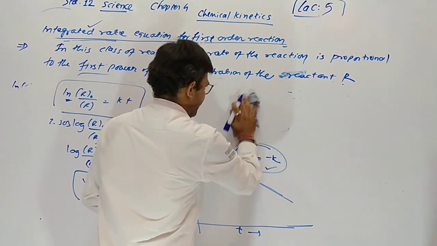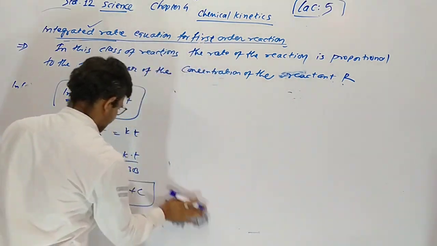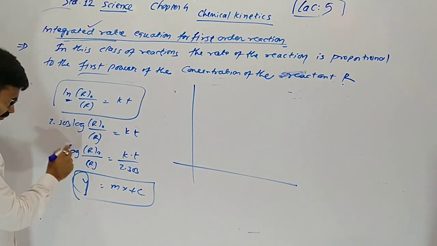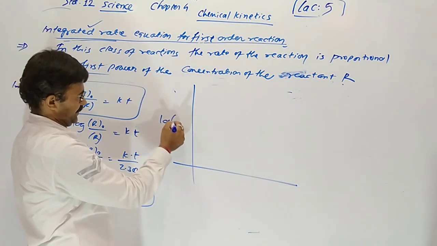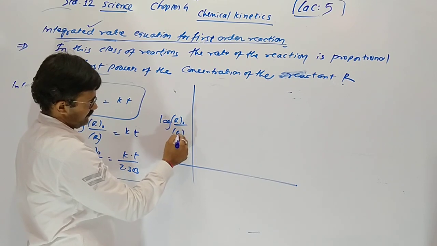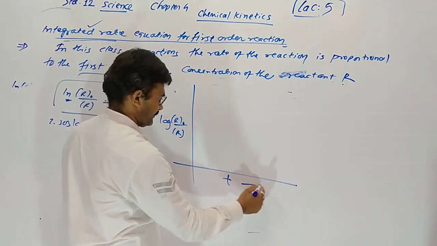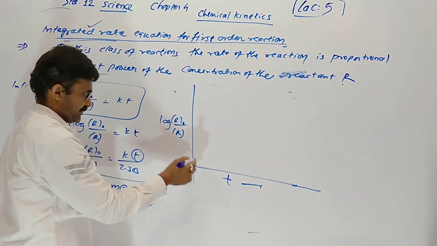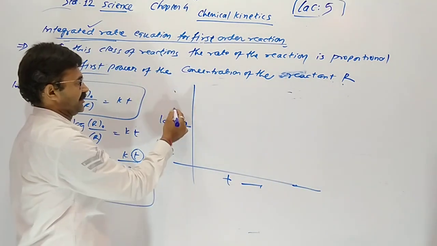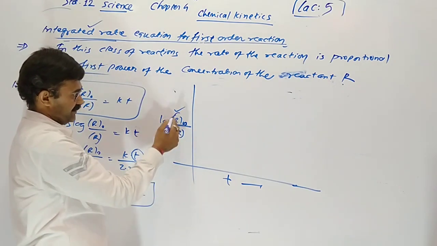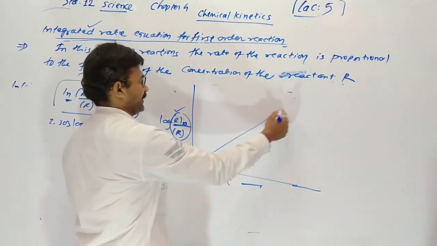So our graph on y-axis is log R0 by R, on x-axis time t. You can see with passing the time, R0 is constant, the initial, R decreases. So R0 by R value increases.